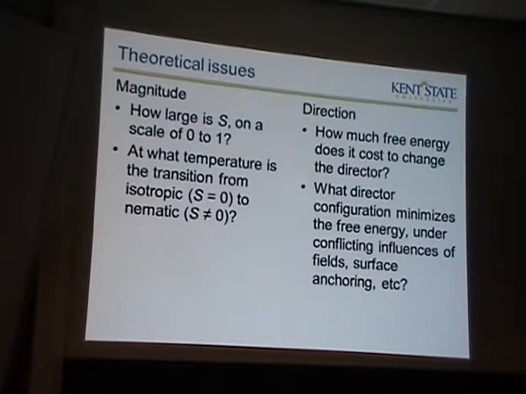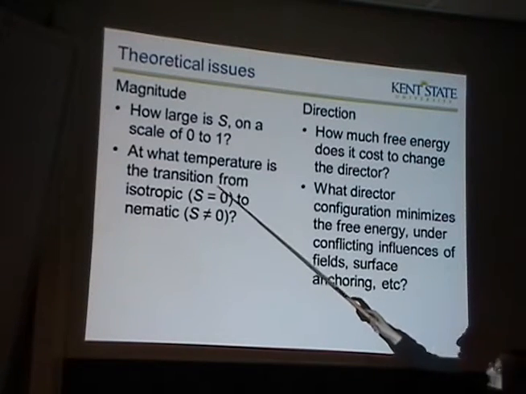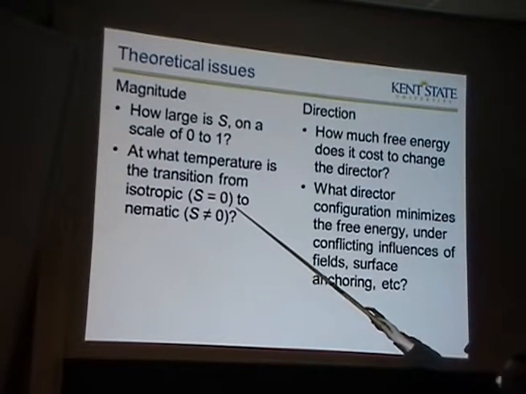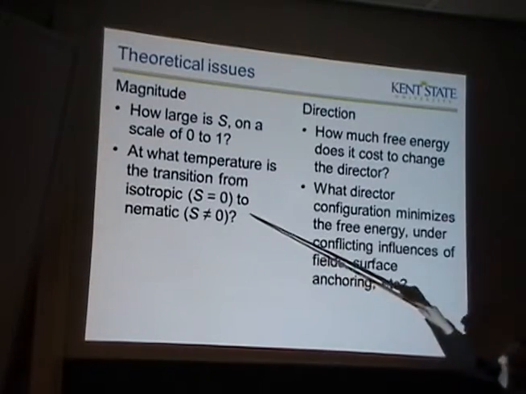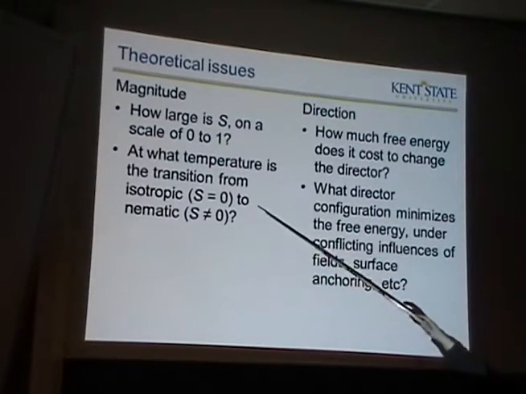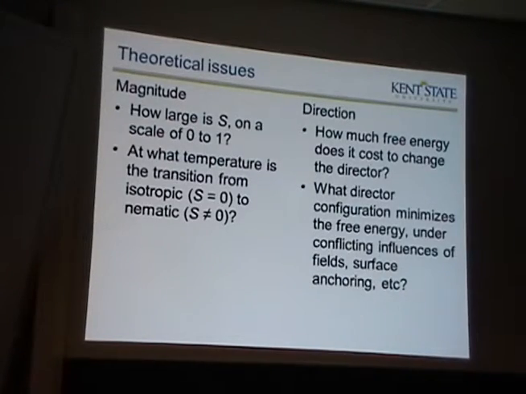What's that magnitude? Related to that is the question, at what temperature is the transition from the isotropic phase with S equals 0 to the nematic phase with S not equal to 0? This is the subject of my lecture tomorrow.